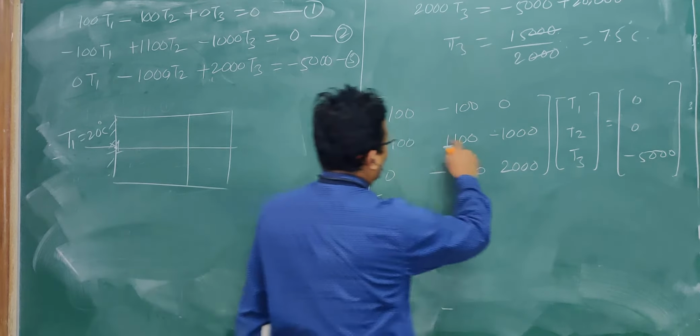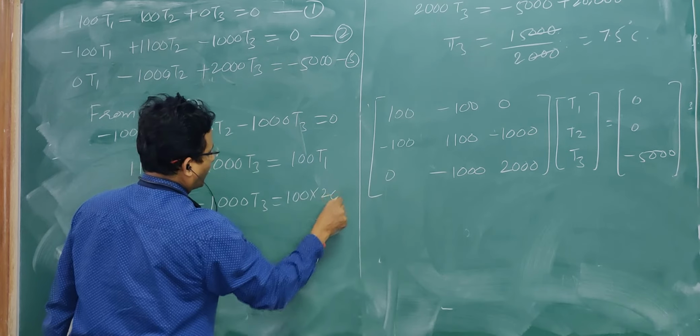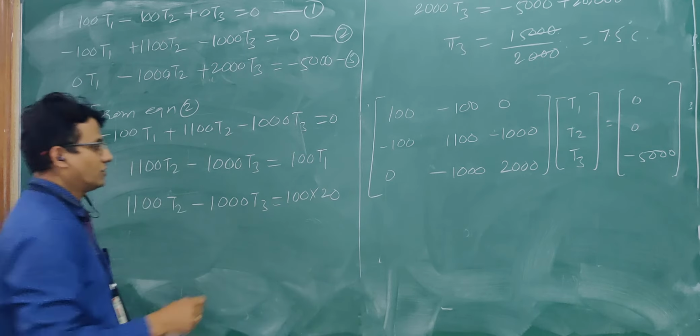From equation 2, I can write minus 100 T1 plus 1100 T2 minus 1000 T3 is equal to 0, or 1100 T2 minus 1000 T3 is equal to 100 T1, or 1100 T2 minus 1000 T3 is equal to 100 into 20, because we know the T1 value as 20 degree centigrade.